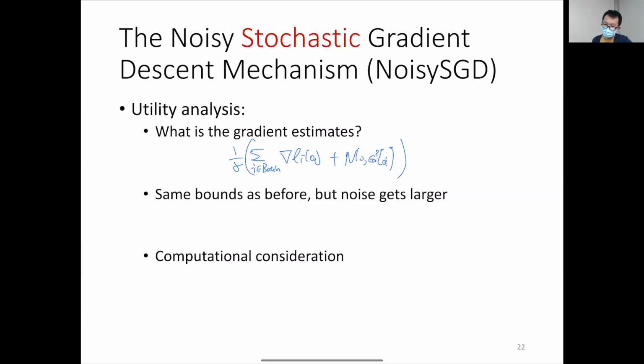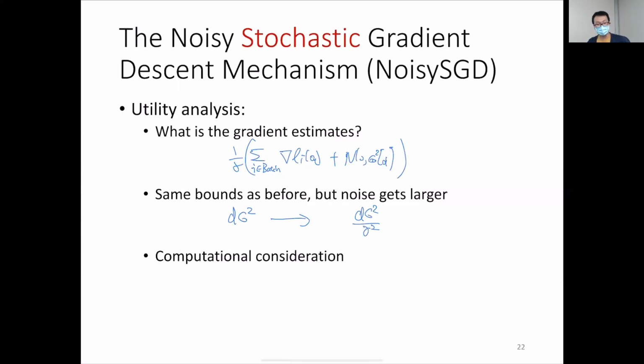It is still an unbiased estimator, and all the theoretical analysis is exactly the same as before, because this is just another instance of stochastic gradient descent. But the noise parameter just got a little bit bigger. Whereas previously we had dσ², now we will have something a lot bigger. We will have dσ² over γ².